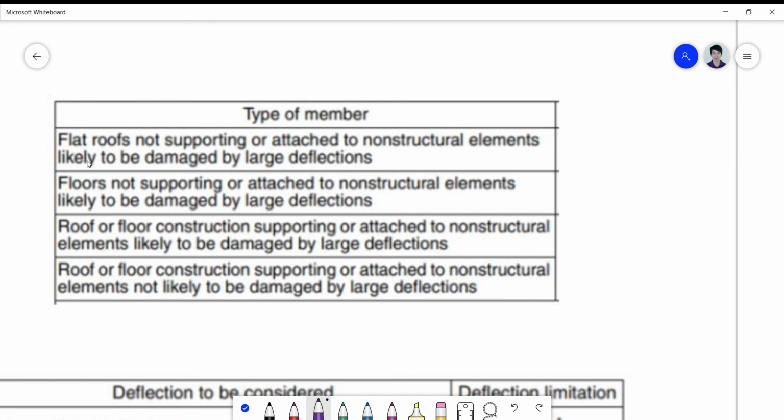So what are the types of member? We have actually, in general, two types only. These two types are for floors and the roof. These are for non-structural attachment.